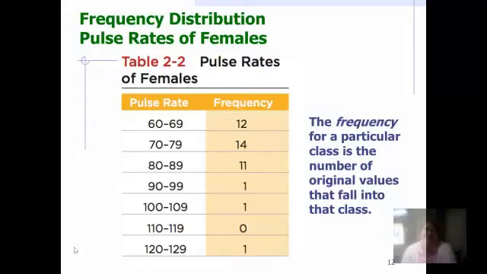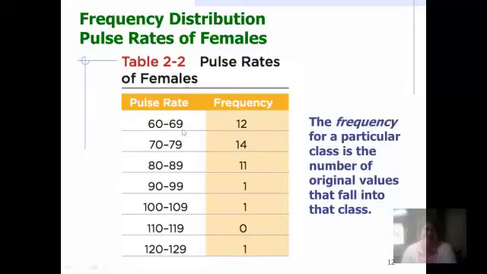It's very important that in the classes each individual can only fit into one class. Notice how our pulse rate, and we're only looking at the females for our frequency table here, goes from 60 to 69, and then it goes from 70 to 79.